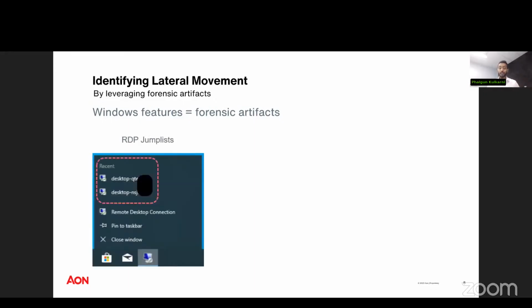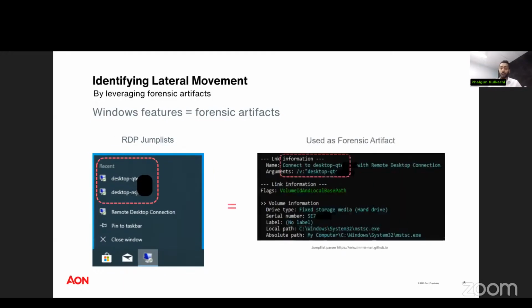On the left-hand side of your screen, we can see that a user can use jump lists to switch between multiple RDP sessions. But the same jump list, when parsed, can also be used as a forensic artifact and can get us the required information. So basically, Windows features are utilized as forensic artifacts.